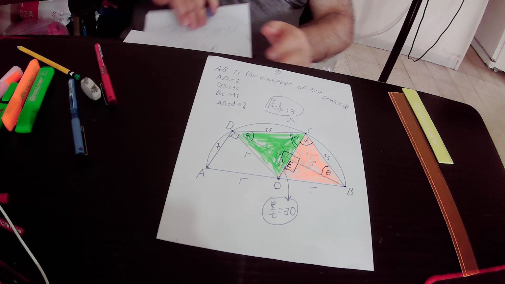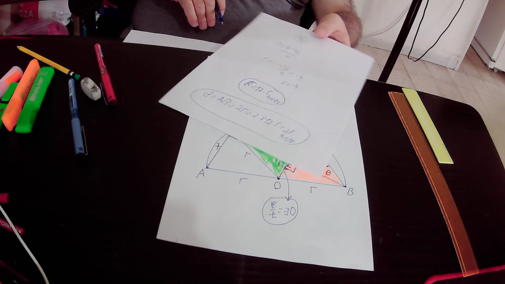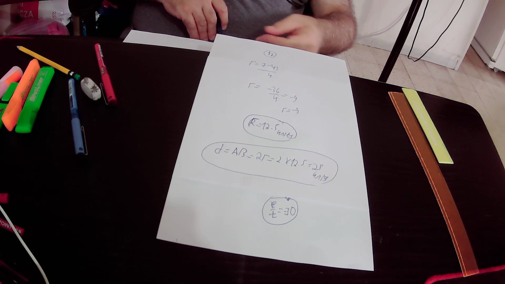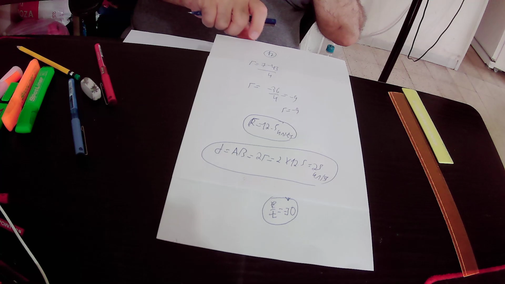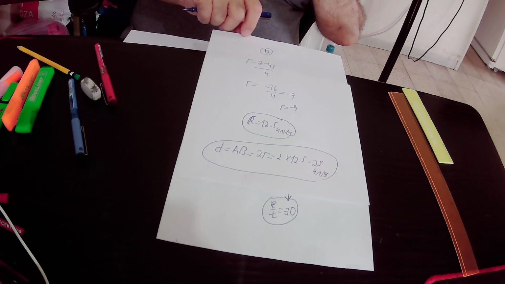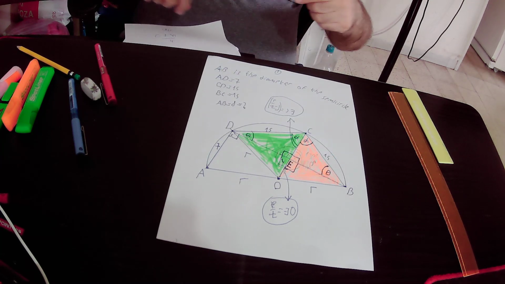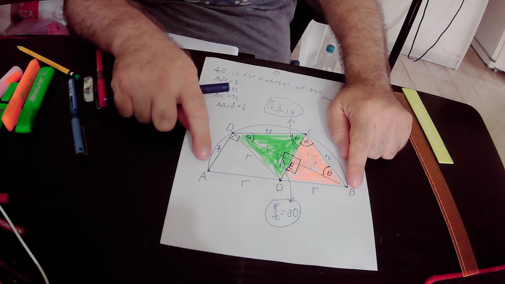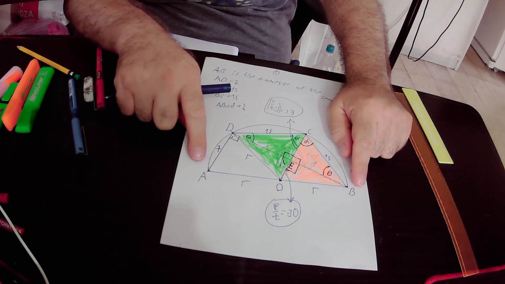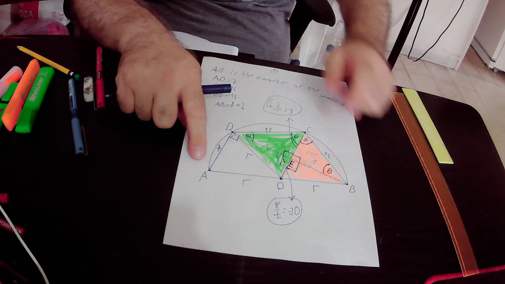Okay, so we found out that the diameter of the semicircle equals 25 units. AB, the diameter of the semicircle, also equals 2 times the radius, which equals 25 units.